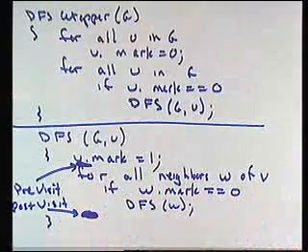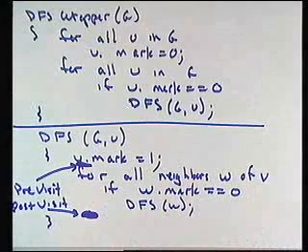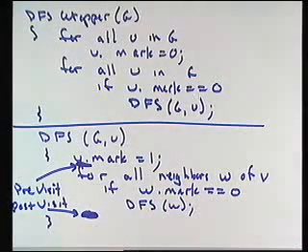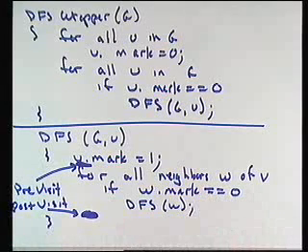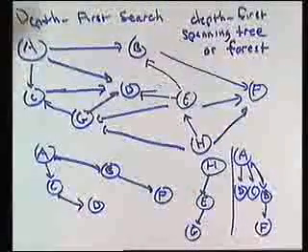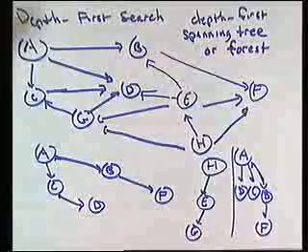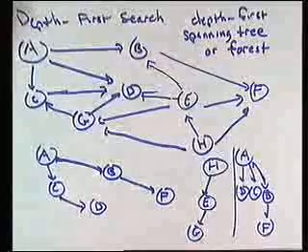Whatever your visiting is, if you're printing out your vertex or doing something else to it, your pre-visit means you do that to your vertex before you look at its neighbors. If you're printing, for example, that means you print out a vertex before its neighbors. I would have printed out A before C, and C before D, and B before F, and A before B, C, D, or F.